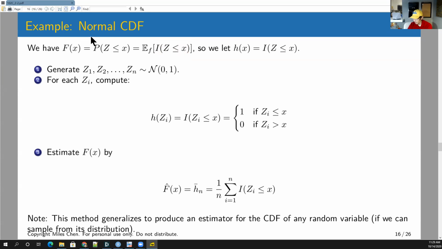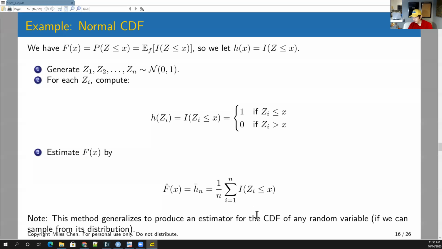So to estimate the normal CDF, we generate a bunch of random values of z from the standard normal distribution. Then we compute a numeric vector: 1 if it's less than x, 0 if it's greater than x. We take this comparison statement and turn it into ones and zeros, and estimate by taking the mean of that logical vector. That's our h bar sub n.